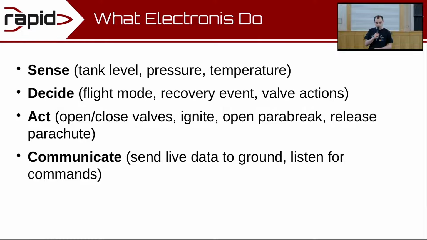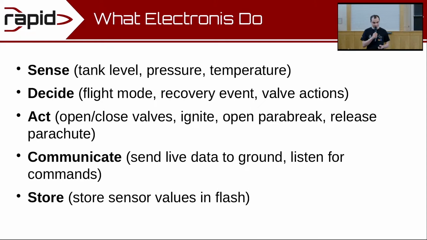Then, of course, we need to communicate with our operators at the ground, give them live data overview, and make sure that we can intervene if something goes wrong, or if there's a software or hardware bug, or the competition says that we can't launch unexpectedly. Also, we store the sensor values in the flash because our downlink budget is not large enough to store all data we would want to evaluate later.